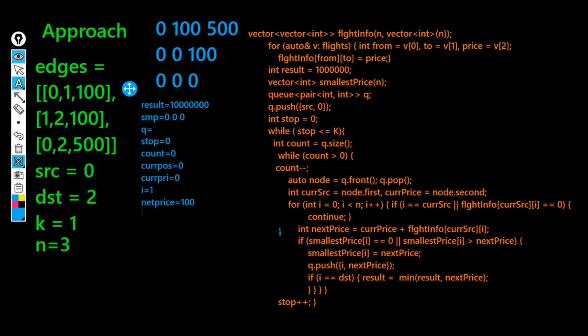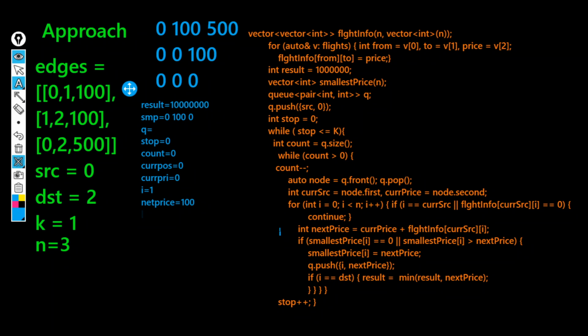So in this case i is equal to 1, so the small price at index 1 will be updated and the value will become 100. After that the result will be checked. Now if i equals dst, in this case i equals 1 whereas dst equals 2, so the condition becomes false and nothing will be updated.